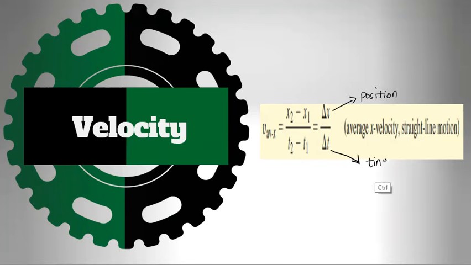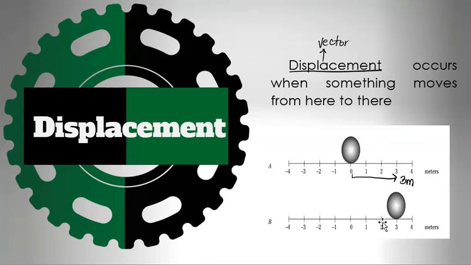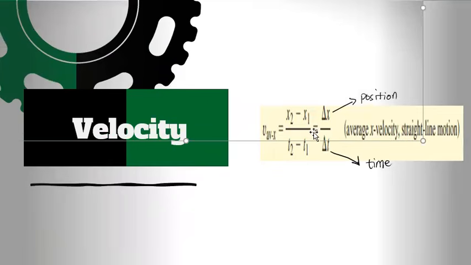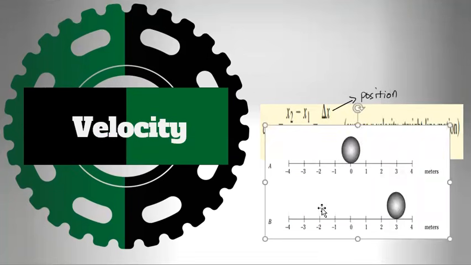When we get the ratio of how much the body has moved from one place to another, its position before and after, with respect to time, we could get the average velocity. For example, let's use this diagram.